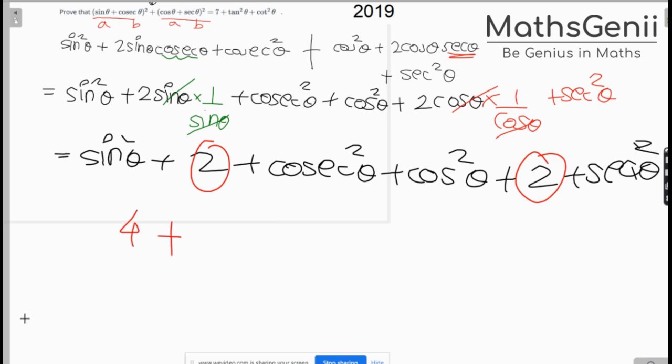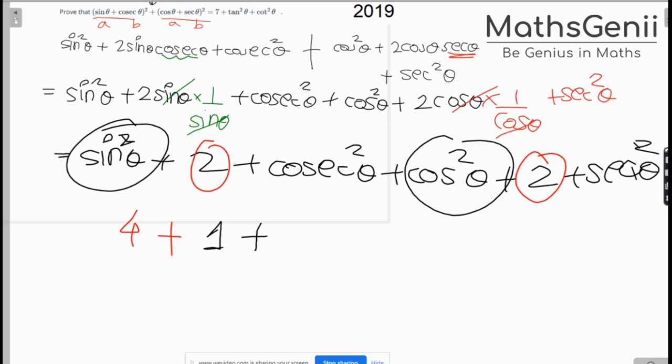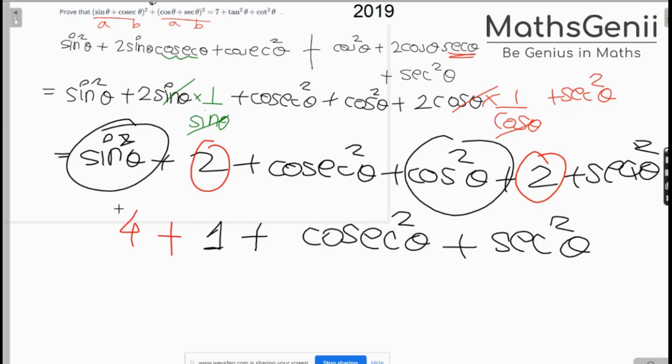I'm writing it here. Now one more interesting formula I know is sine square theta plus cos square theta is 1. So what remains is cosec square theta plus sec square theta. Now again time to apply formula. 4 plus 1 is 5.